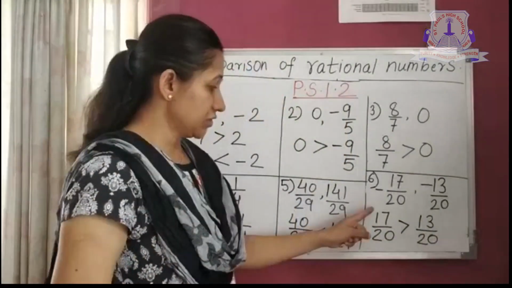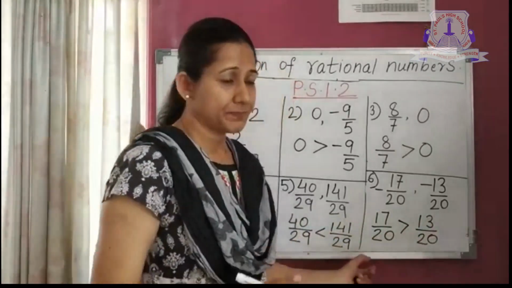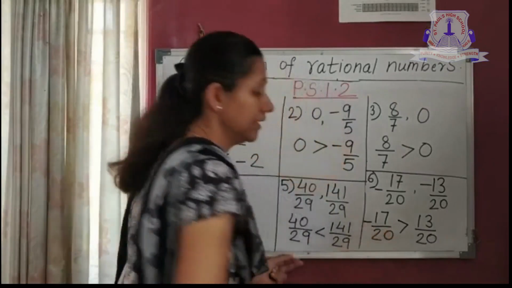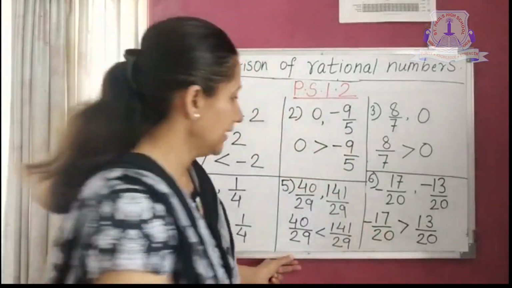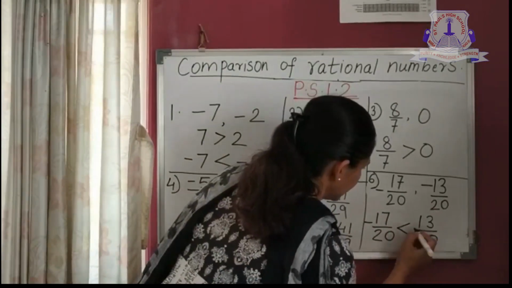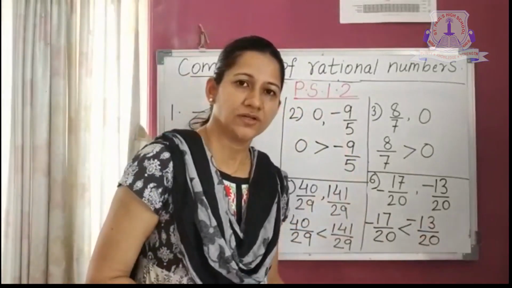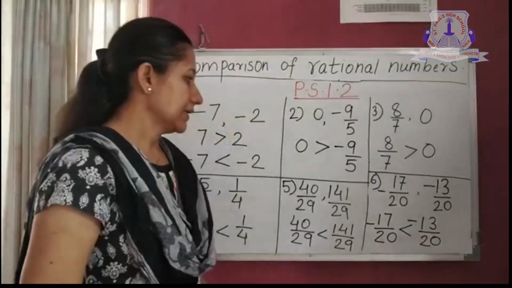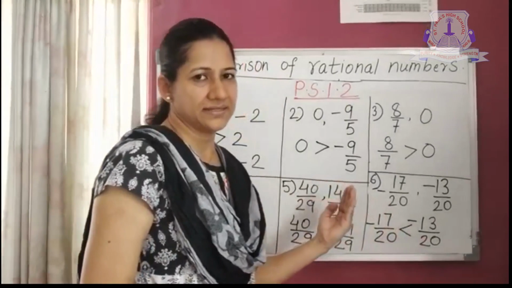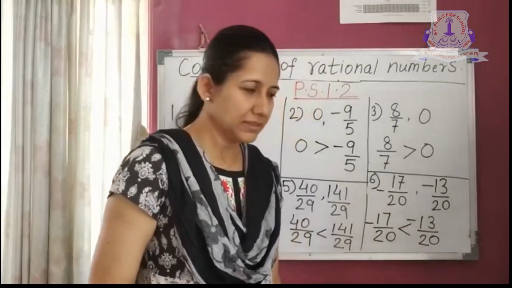So if positive 17 upon 20 is greater than positive 13 upon 20, then negative 17 upon 20 will be less than negative 13 upon 20. It will be just reversed. Clear? Because negative 17 upon 20 will be towards the left hand side on the number line compared to negative 13 upon 20. Clear?